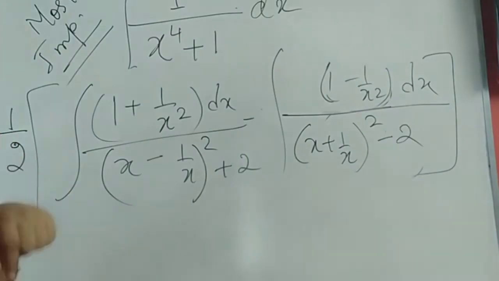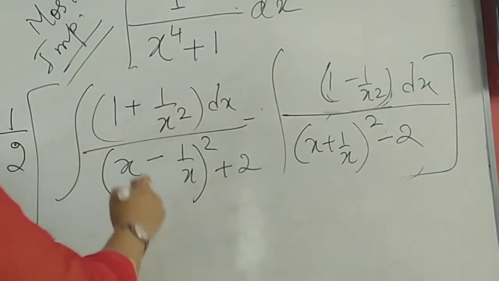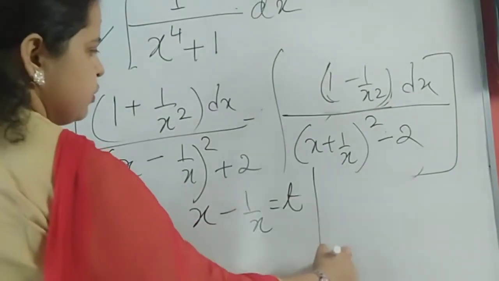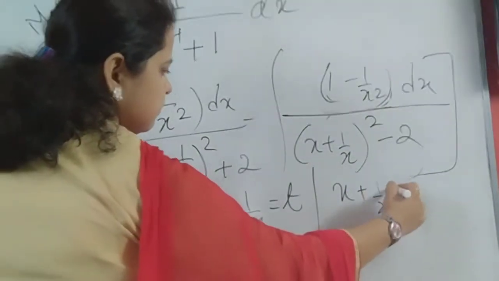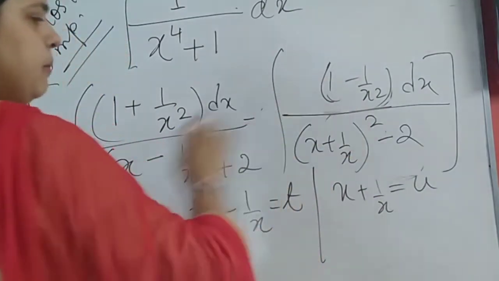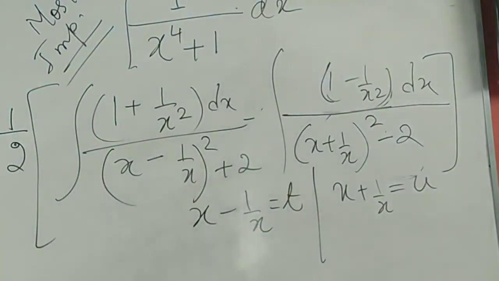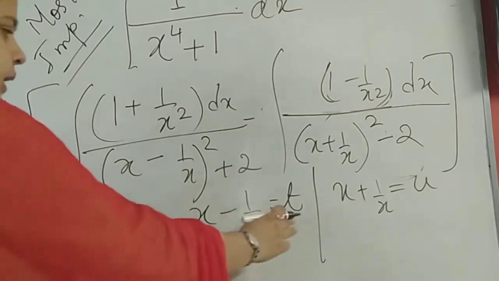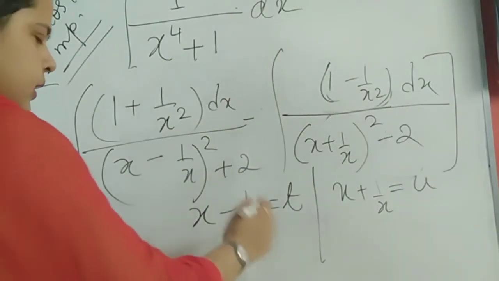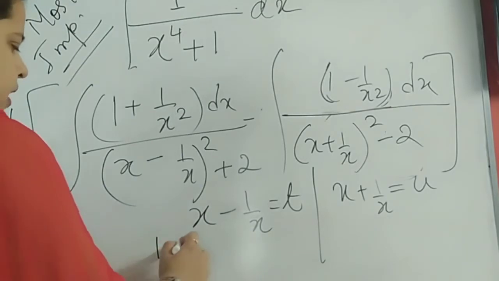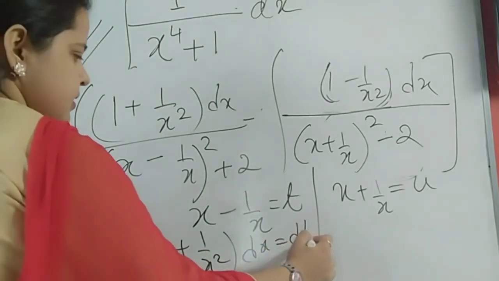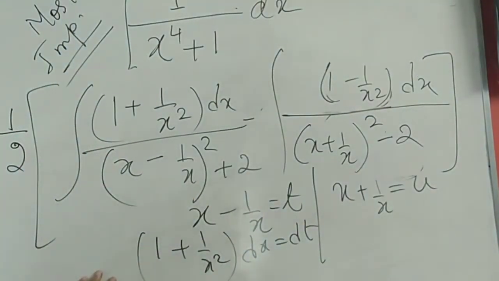Why? See, focus. To this substitution I am using. Two problems are moving parallelly. Two integrations are moving parallelly. Here it is t. So what is dt, dear? It is 1 plus 1 by x square. Yes or no? Yes. Okay. See? This is the only reason.